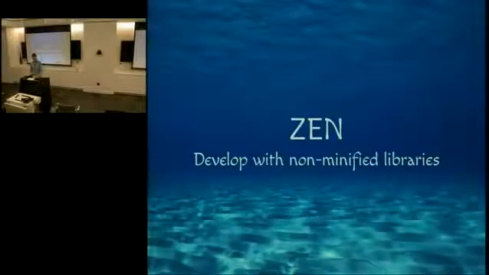Almost done. So next, develop with non-minified libraries. I think this slide is mainly in here because the Angular team is never happy when they get a bug report that contains a stack trace with angular.min.js, because they have no idea what the stack trace is actually telling them. So when you're developing your code, be sure to develop with the full angular.js alongside your full version of jQuery and underscore.